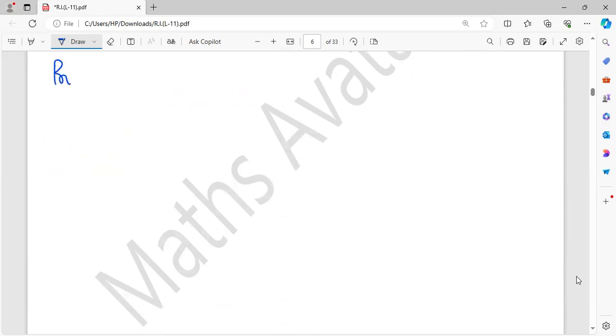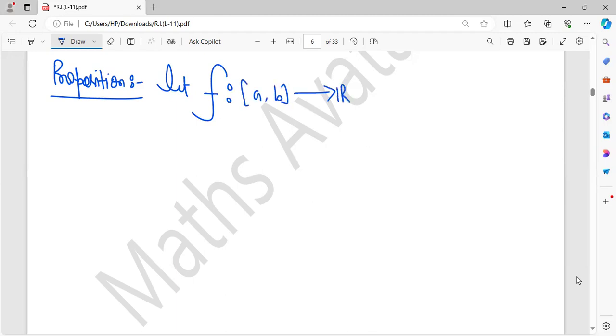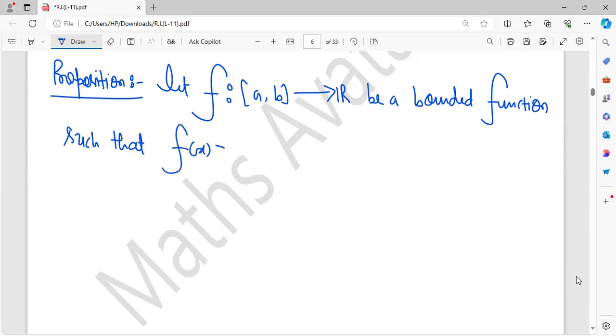Proposition: let f from the closed interval [a, b] to R be a bounded function such that f(x) is greater than or equal to 0 for all x belonging to [a, b].